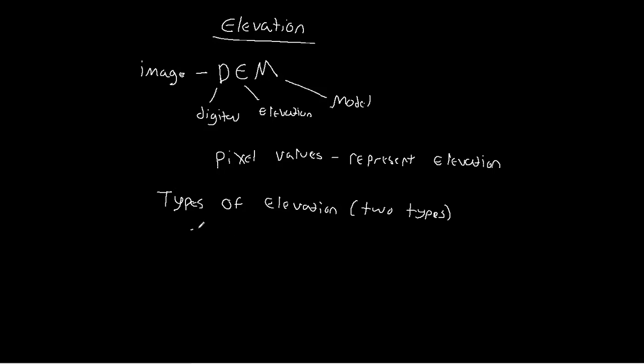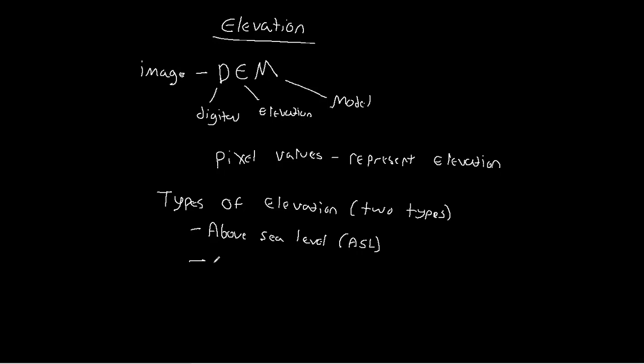The first type of elevation is called above sea level, or ASL, sometimes above mean sea level.